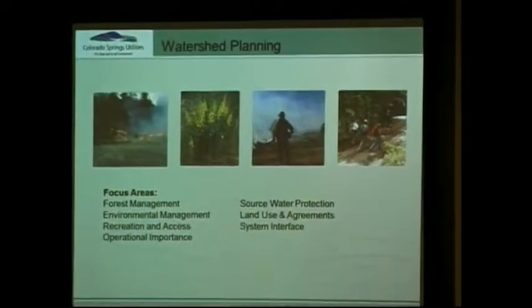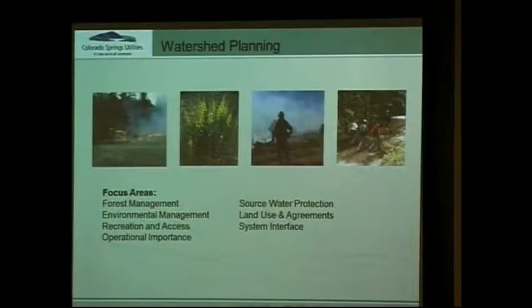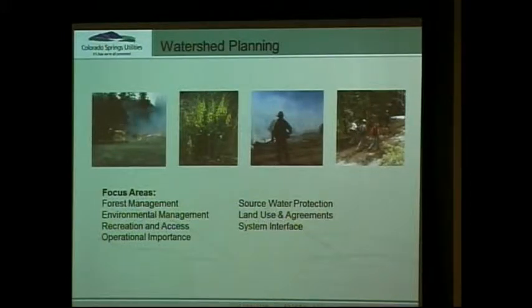And we built a guidance document to help guide the program, and we picked focus areas for management, and that is the list that you see up there. It's forest management, that's the forest health issues, the wildfire risk, the collaborations with the Forest Service. Environmental management, there's noxious weeds, cultural resources, and a lot of other T&E species issues that happen in these watersheds.